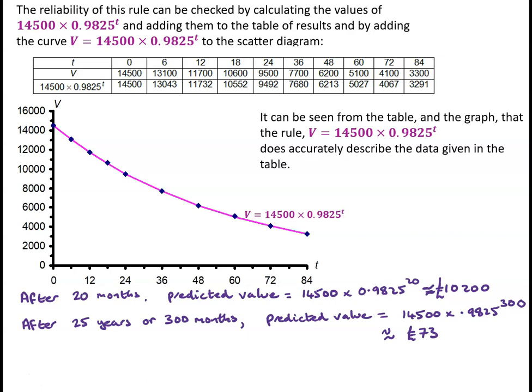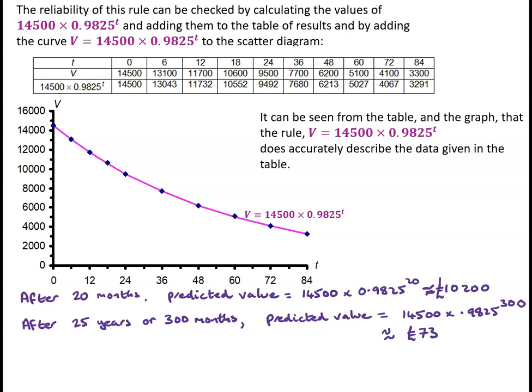The first of our two estimates is probably pretty reliable, because 20 months is well within the range of the observed values of time that we've been given inside the table. On the other hand, the value for 300 months, or 25 years, is well outside the range of values of t which we've been given in the table.